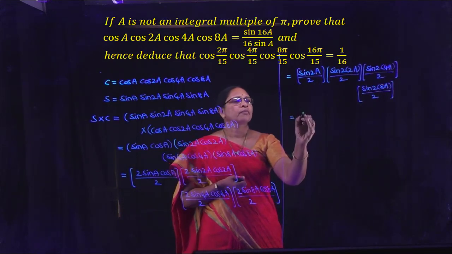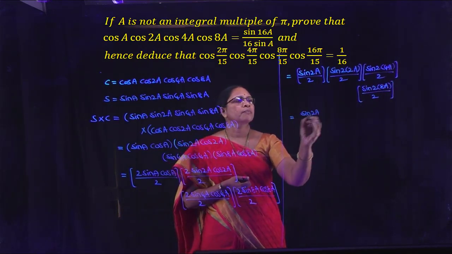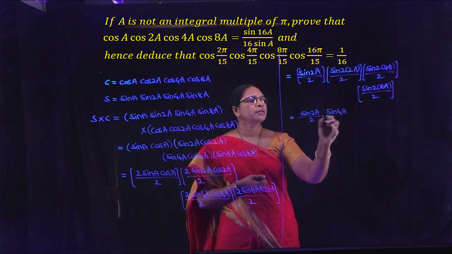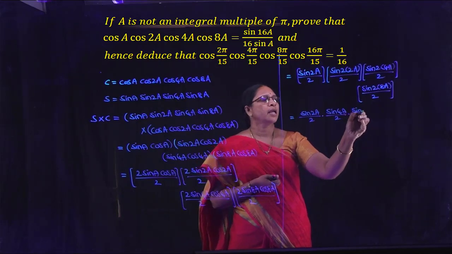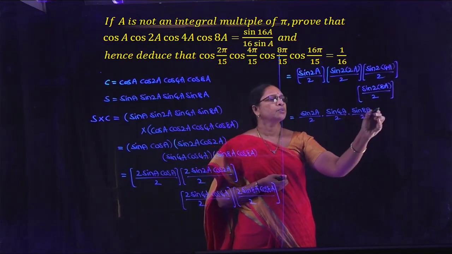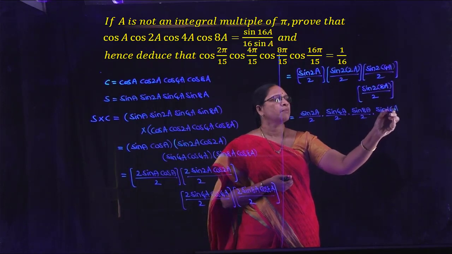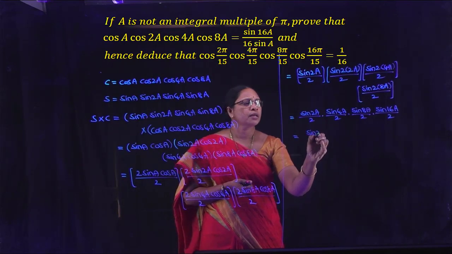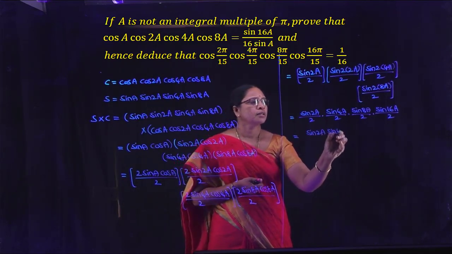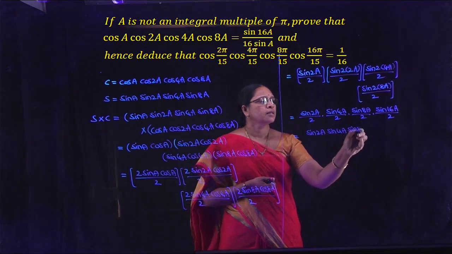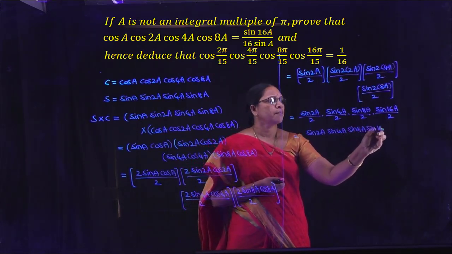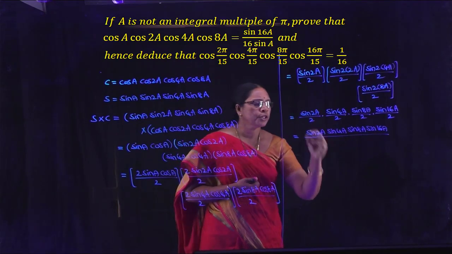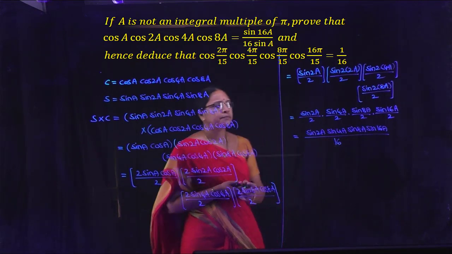That is equal to sin 2A by 2 into sin 4A by 2 into sin 8A by 2 into sin 16A by 2. That is equal to sin 2A, sin 4A, sin 8A, sin 16A whole divided by 2 into 2 into 2 into 2, that is 16.